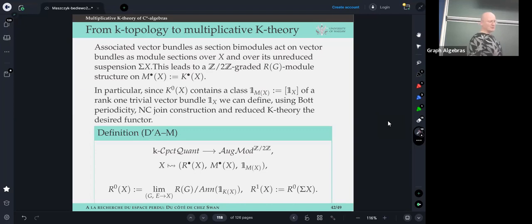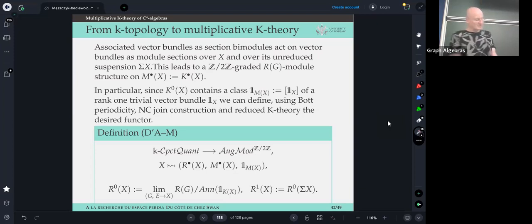And then we are constructing our triple in the following way. It will be a functor from K compact quantum spaces, taking values in augmented Z2-graded rings, associating with this compact quantum space X, first of all, a ring, which is the inverse limit over all possible compact quantum principal bundles of the system of quotients of the representation ring of the quantum group G, divided by the annihilator of this distinguished element, this unit-like distinguished element of this module.